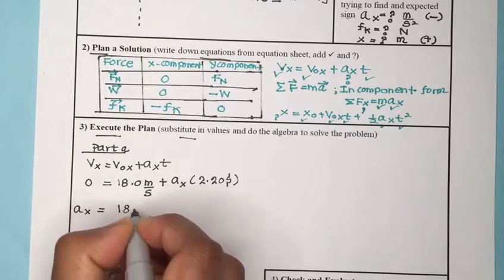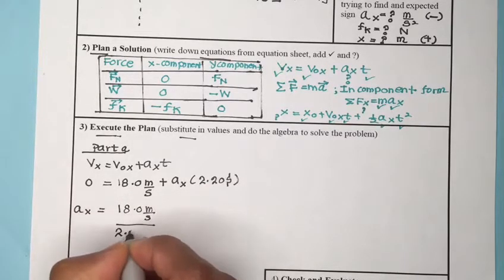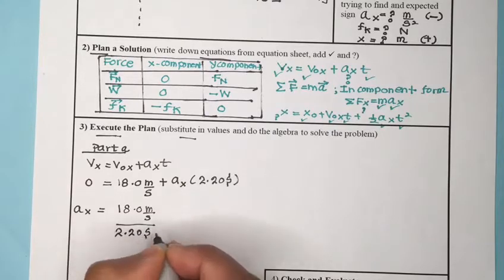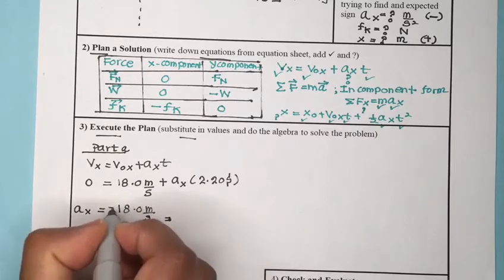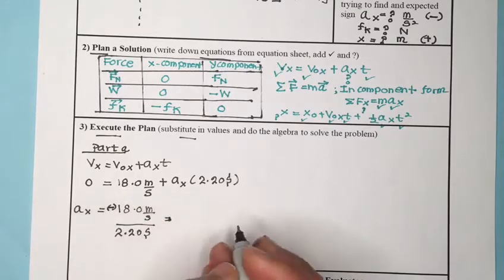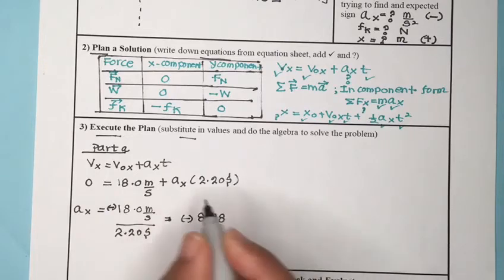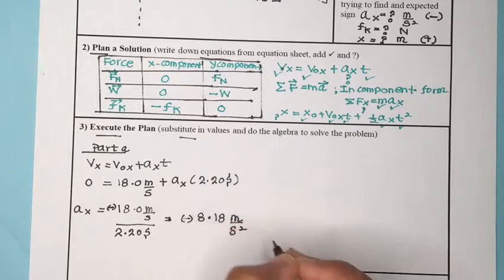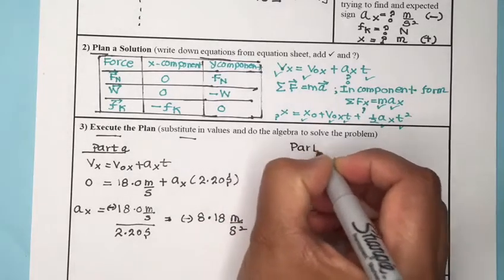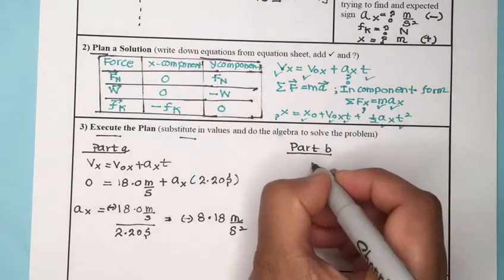If you separate the acceleration on one side of the equation, you will get negative 18 meters per second divided by 2.2 seconds. You will get negative 8.18 meters per second squared. As we expected, acceleration is to the left. That means the object is slowing down while it's moving to the right.